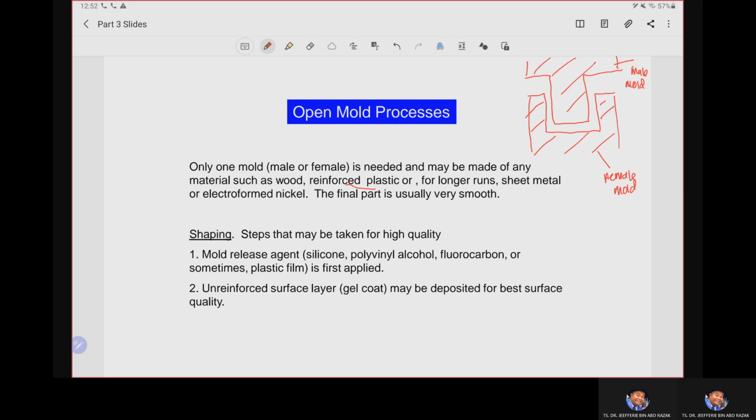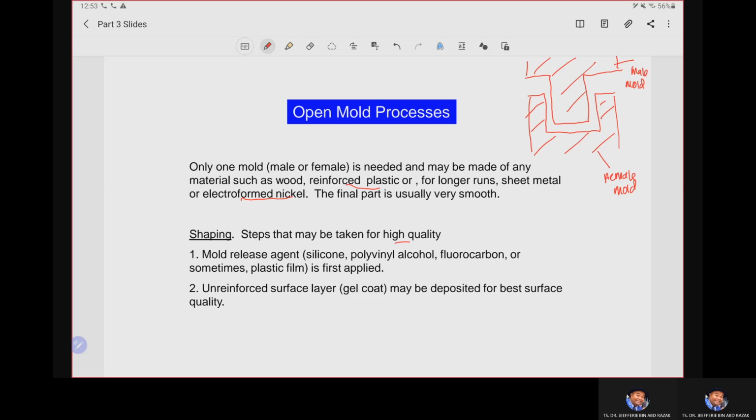We can also use sheet metal or electroformed nickel. Using the mold will ensure the final surface of the resulting product will usually be very smooth. So the role of using a mold here, even for the open mold process, is to give shape and for better surface quality.